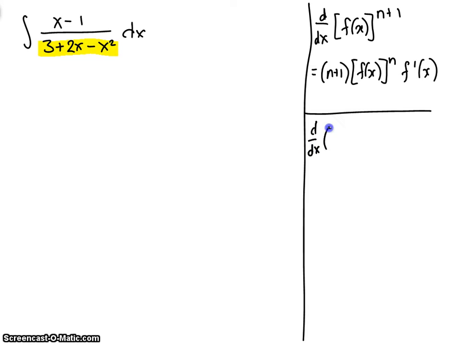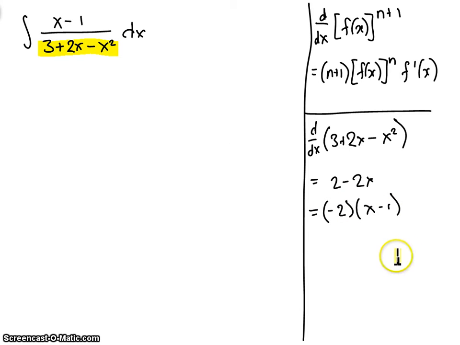d/dx of 3 plus 2x minus x squared is 2 minus 2x, which is equal to negative 2 times x take 1, right? And this x take 1 here is the same as this x take 1 up here. I can use them the same way. So what am I going to do? I'm going to treat this as f prime of x over f of x.